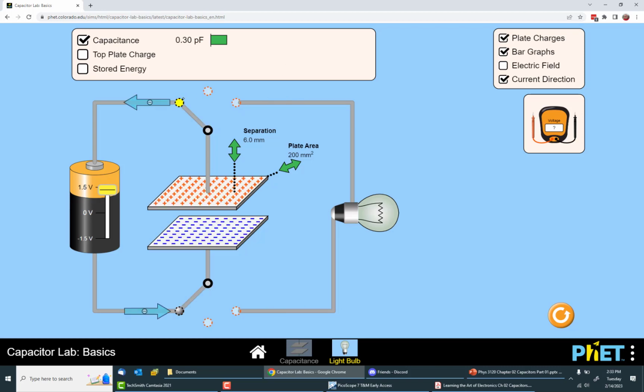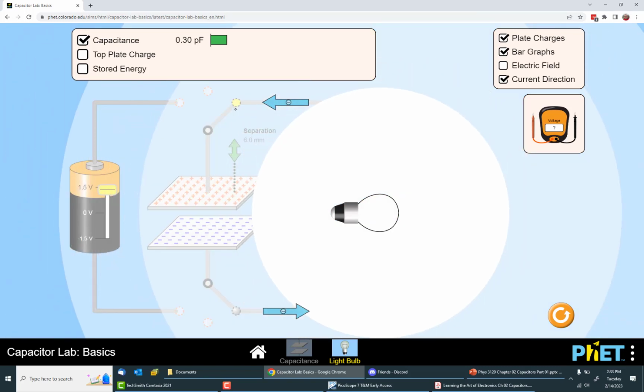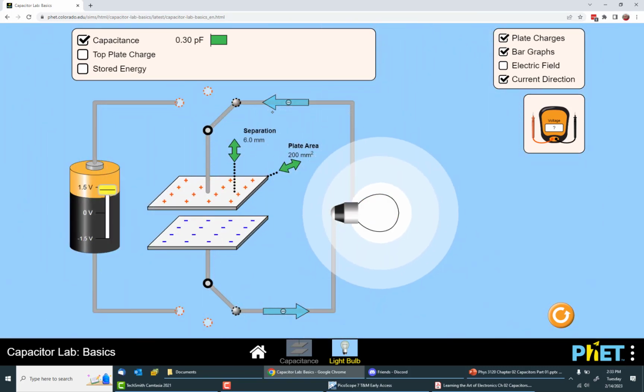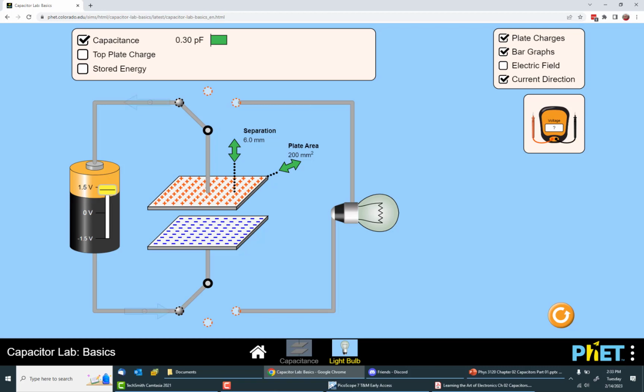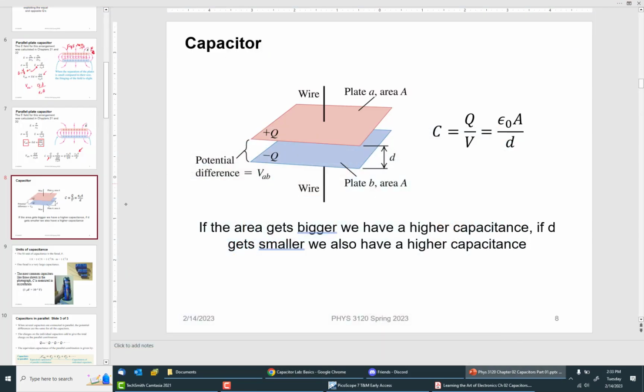It's too bad they don't have the light bulb connected all the time. Actually, what will happen is if I had a light bulb, it would turn on very brightly, but then as the capacitor fills up, it would get dimmer and dimmer. We'll talk about that now.